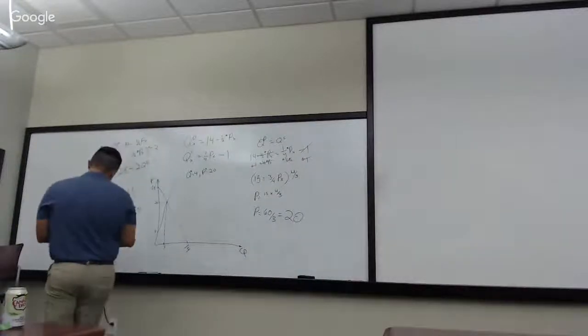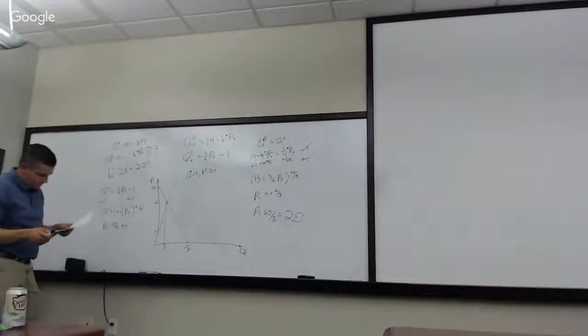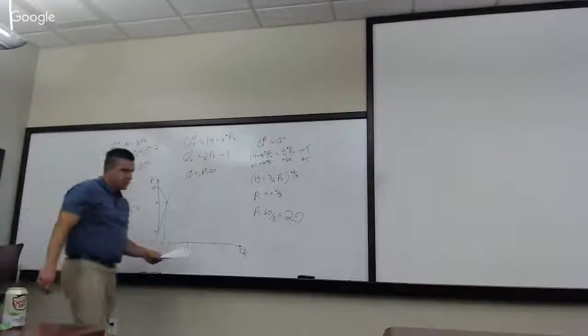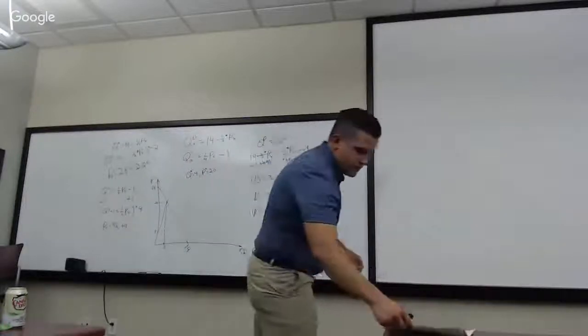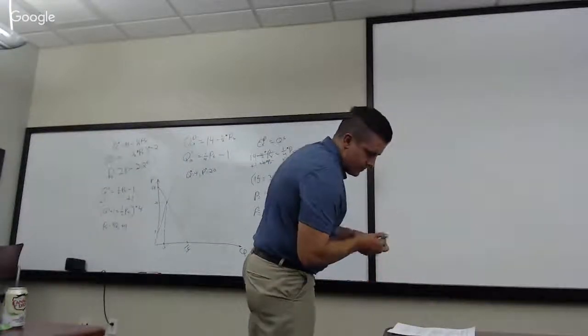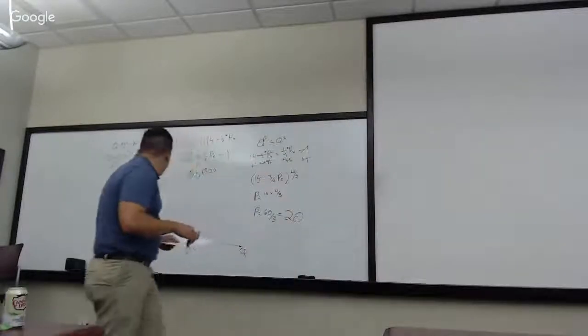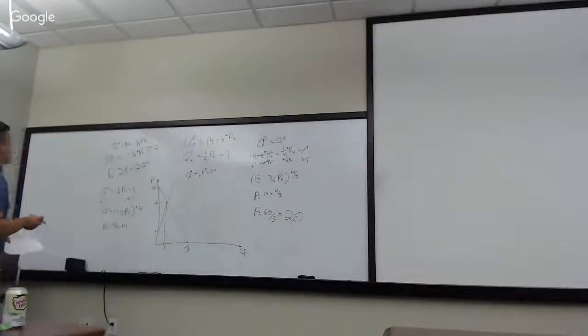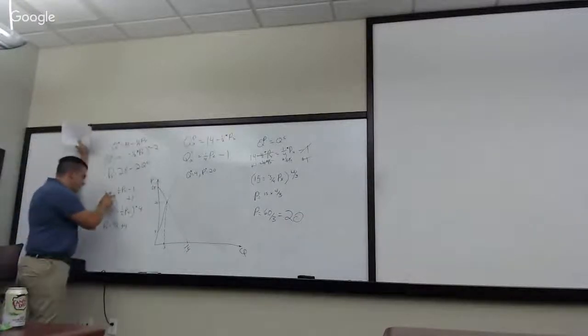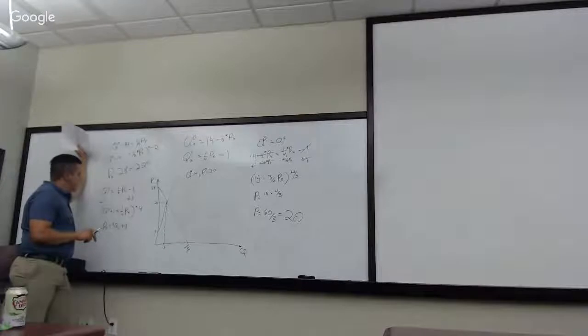So for each unit, we add $12 more onto the price in order for our quantity supplied to be equivalent.